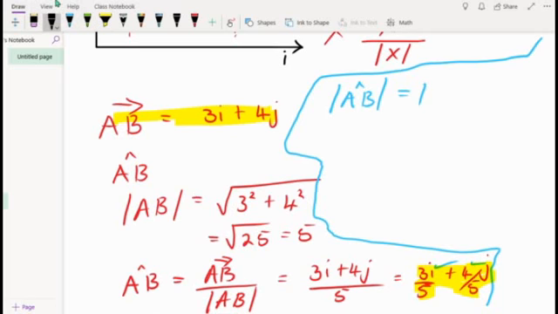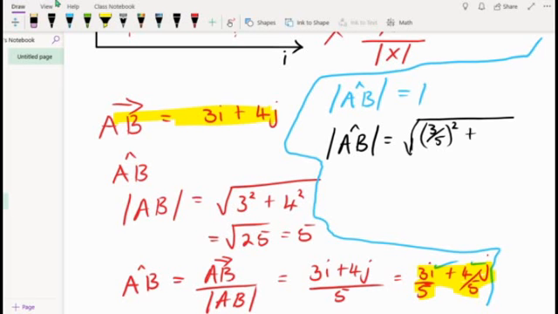The magnitude of A, the unit vector of AB, will be equal to the square root of (3 over 5) squared plus (4 over 5) squared. So that is the magnitude of the unit vector here.